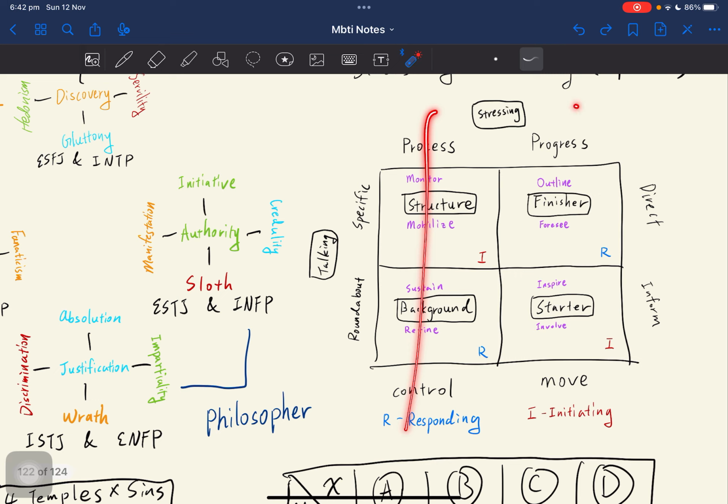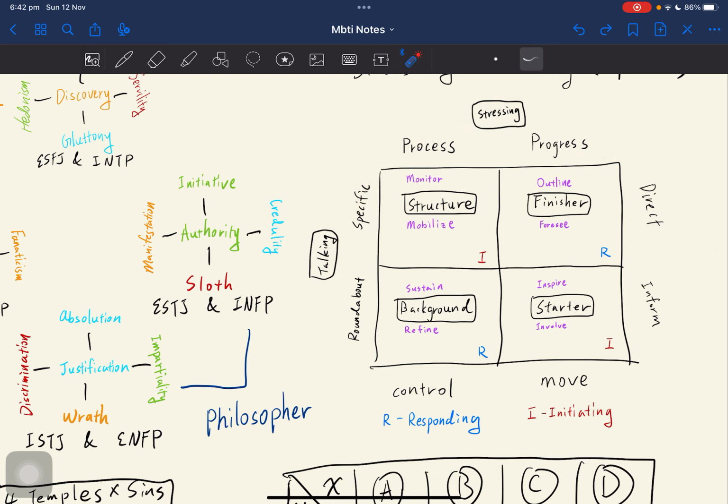So this is vector 1, vector 2, and vector 3 is this way. So initiating and responding, right? Initiating basically is the person who is starting the conversation with someone. All of this is in general terms.